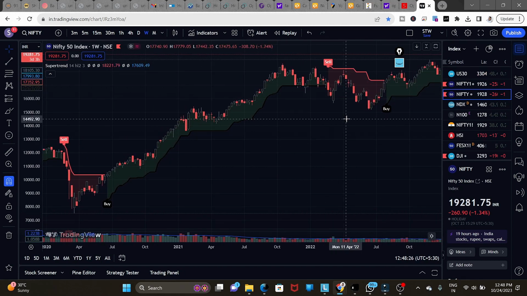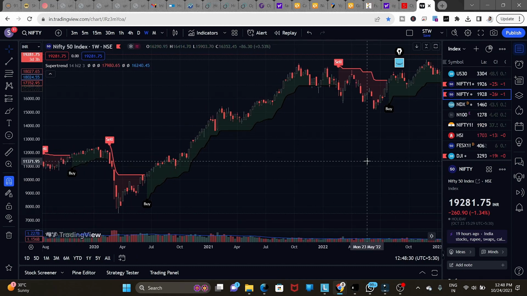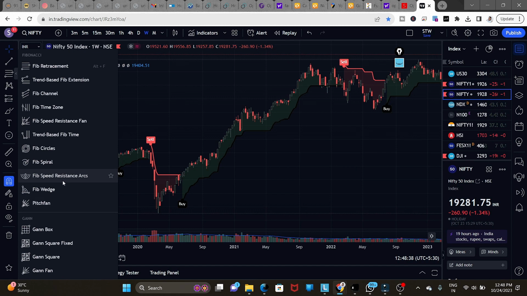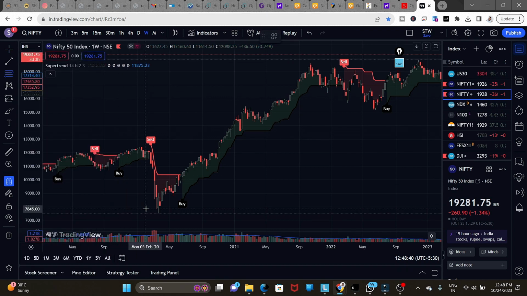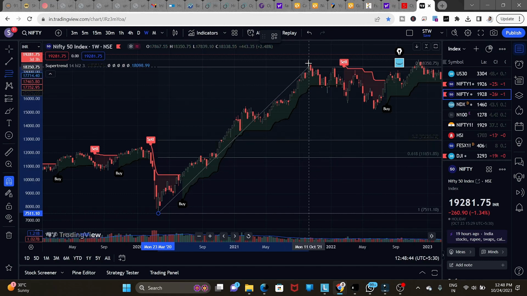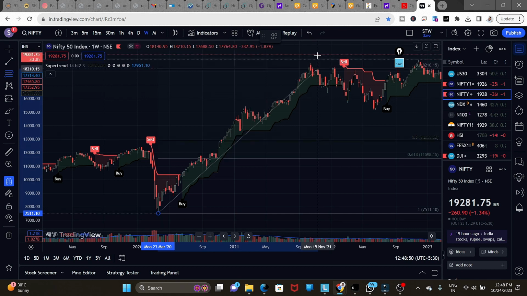Okay, the weekly chart of Nifty is showing me that it has already taken a massive run from this point. So let's put our Fibonacci retracement from this lowest point to the highest point, which is 18,604, or maybe a little above it.